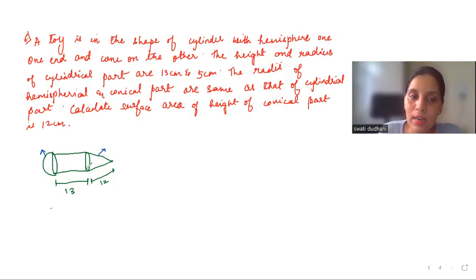So 13 is the height of the cylinder and 5 is the radius of the cylinder. Now, the radii of the hemispherical and conical parts are the same as that of the cylindrical part. So all 3 radii are 5. Calculate the surface area, given the height of the conical part is 12 centimeters. So the height of the cone is 12.